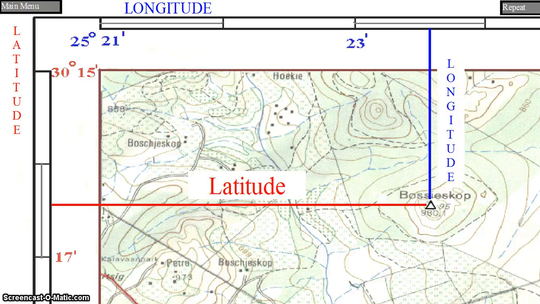Fill in the missing minutes for the lines of latitude. Measure distance 1 and place it over the measurement of distance 2.